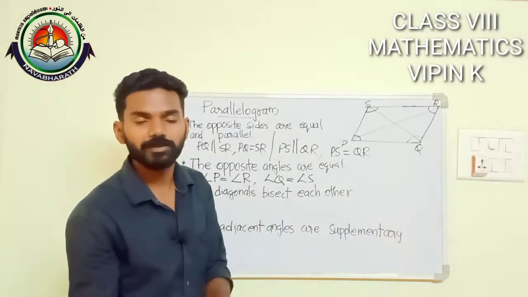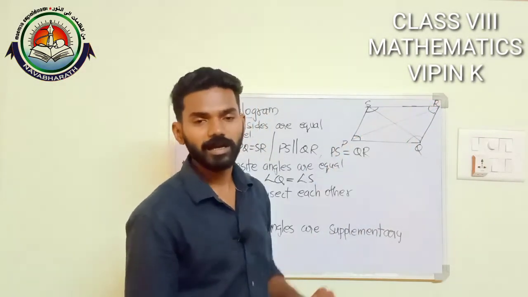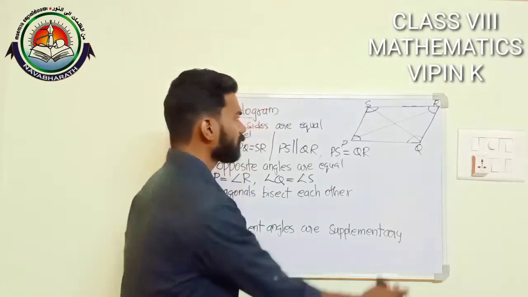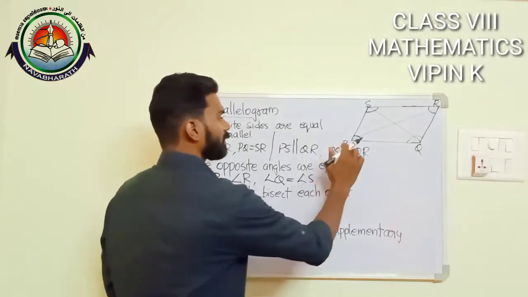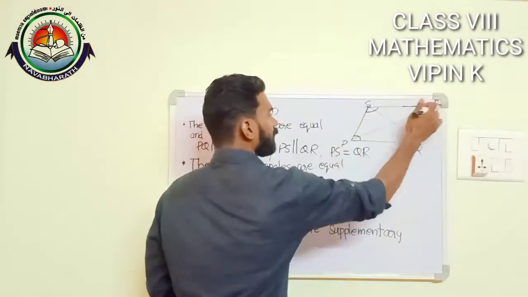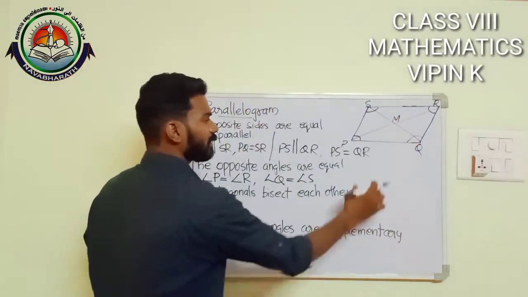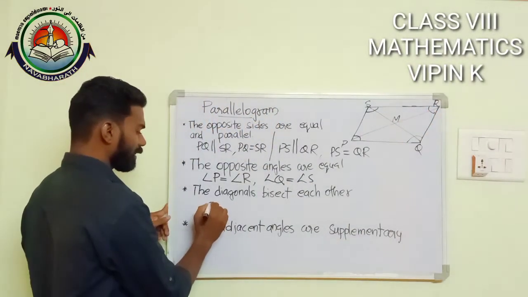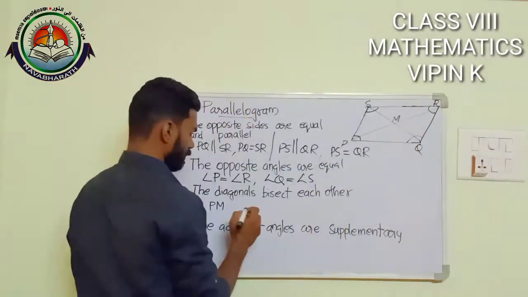Clear? The property of a parallelogram is that its diagonals bisect each other. Bisect each other means one diagonal bisects the other and vice versa, which means the diagonal SQ bisects diagonal PR. If PR is bisected by SQ at, suppose, M, then these two lengths would be the same, or we can say that the length PM would be equal to length RM.